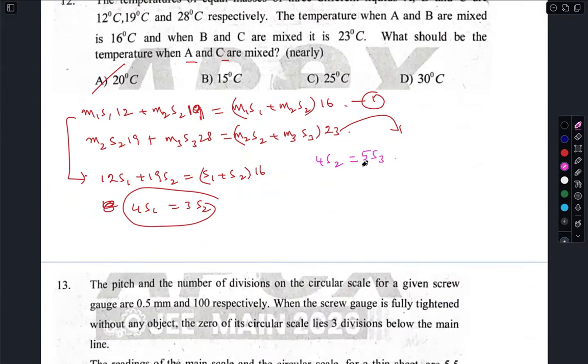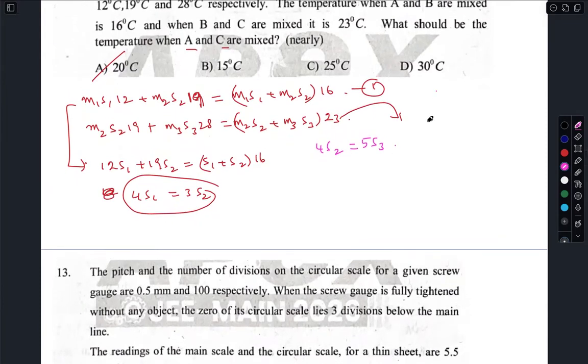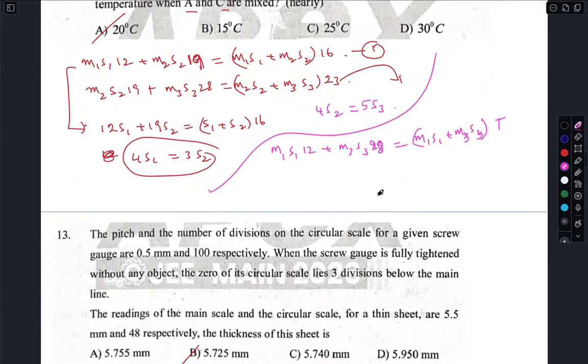Now eliminate, write everything in terms of S2. What they want finally is M1S1 times 12 plus M3S3 times 28 is equal to M1S1 plus M3S3 times the answer T. That T is your answer. Fortunately, the M's are the same. Now everything in S2.